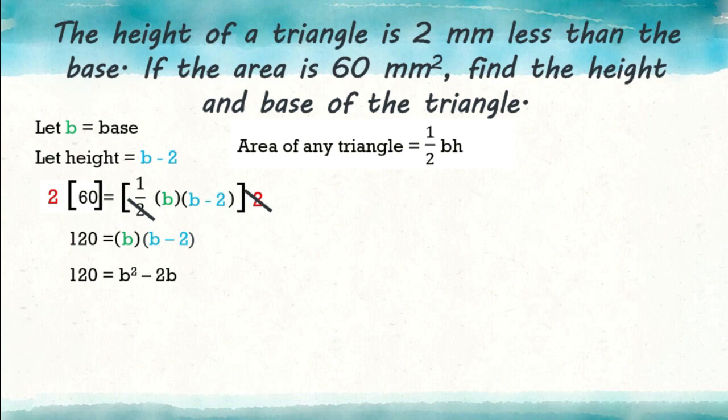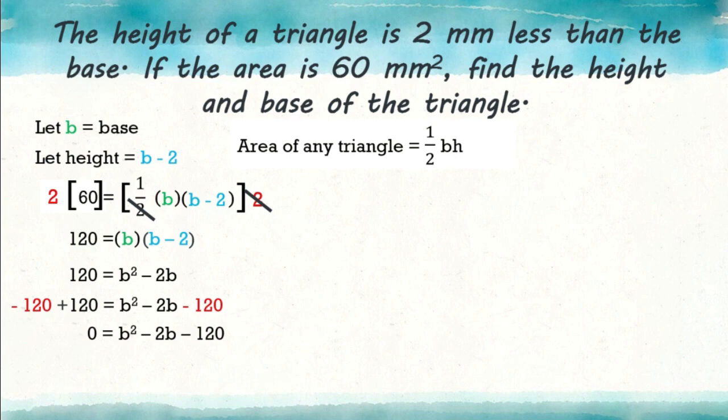Opposite of positive 120 is negative 120. So we will add the opposite of 120, and that will be negative 120 plus 120 equals b squared minus 2b minus 120. Simplify, so we will have 0 equals b squared minus 2b minus 120.